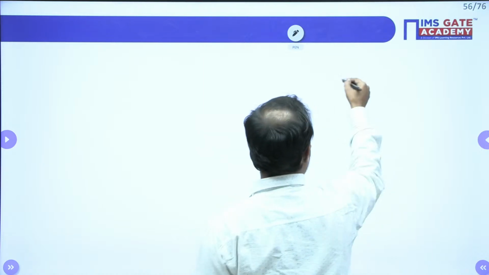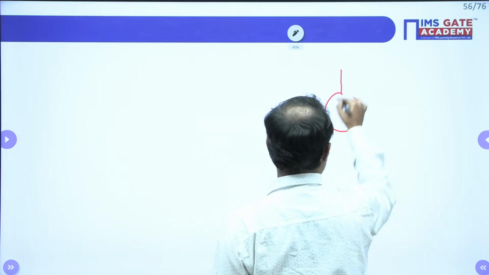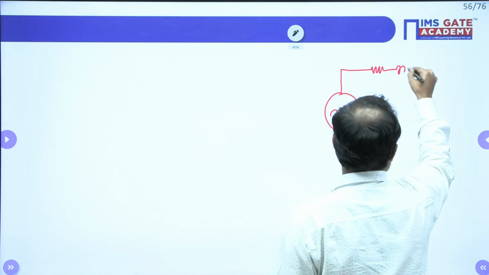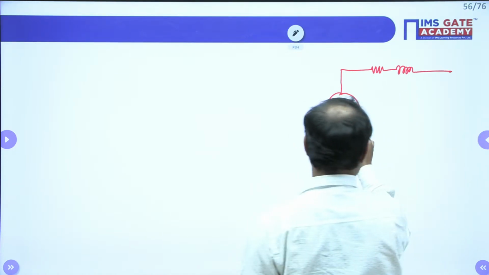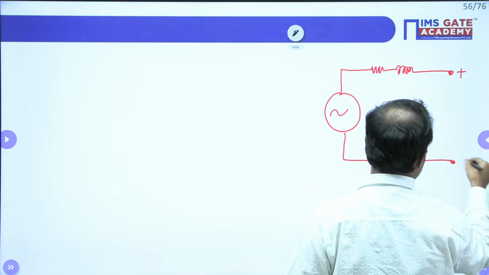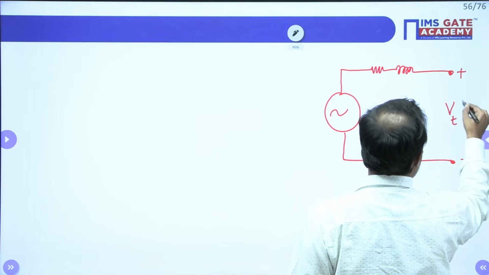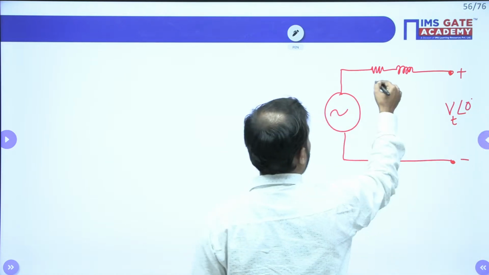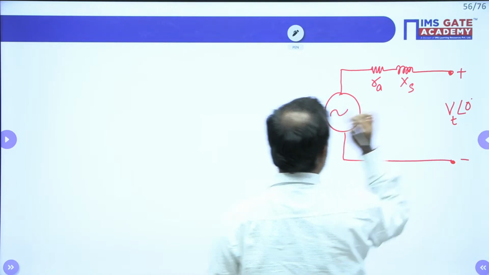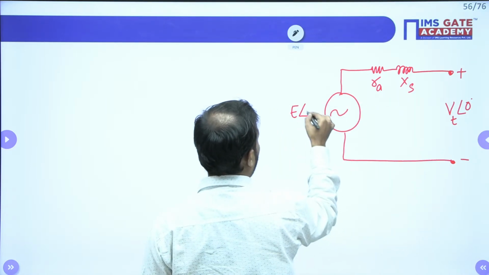So let me draw the diagram first. This is for the synchronous motor. Take the reference terminal voltage VT at an angle 0 degree. This is armature resistance, this is synchronous reactance, and this is EMF at an angle minus delta.